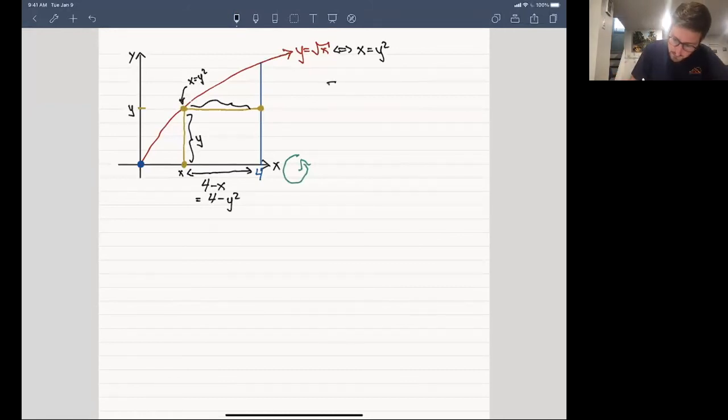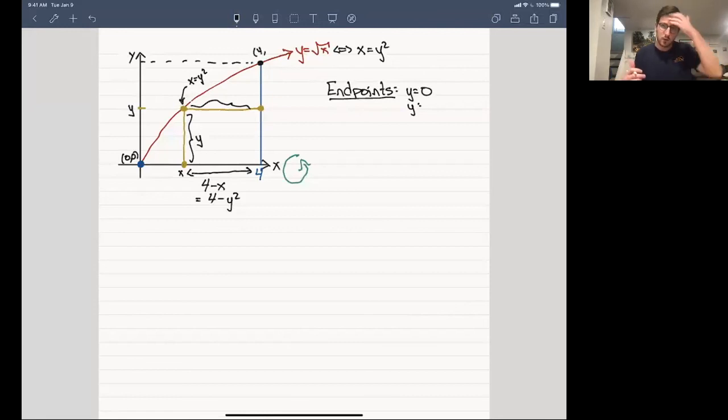Now we want to ask ourselves, what are the endpoints, since we've identified that we need to be using y? Well, one of the points where we start here is at 0. So one endpoint is y equal to 0. The other endpoint is going all the way up to this point up here. That point is given by 4 in the x variable, and since it lies on the curve y equal to the square root of x, this is 2 in the y variable.